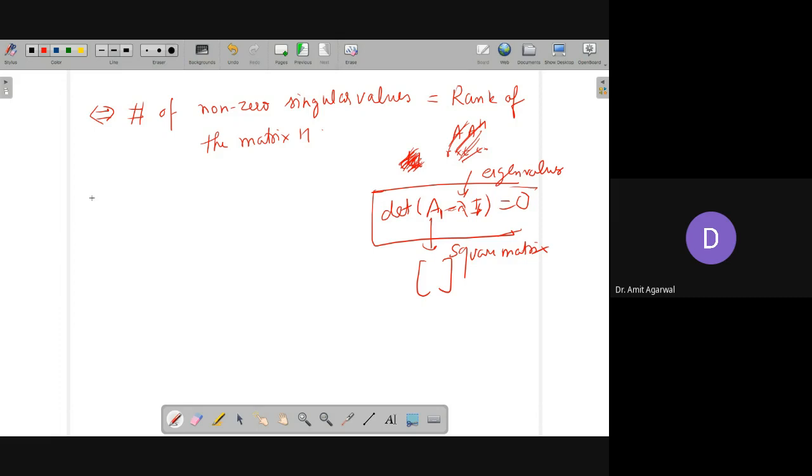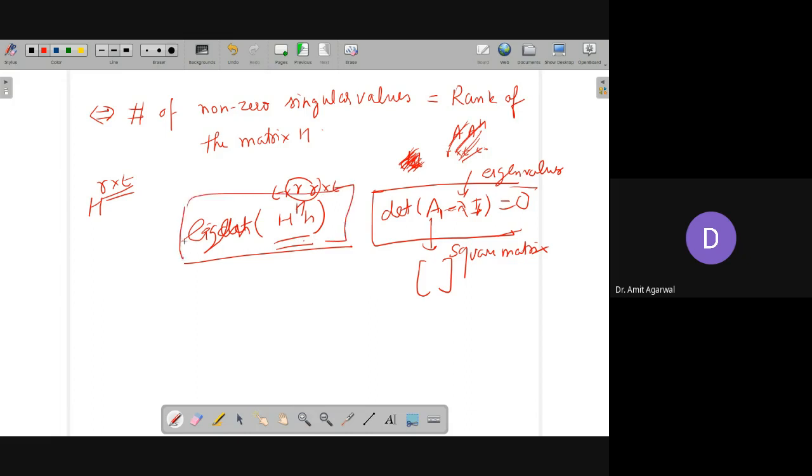But since we have shown that H is R cross T, in that case, what happens? We take eigenvalues of this matrix. This is a square matrix, right? T cross R cross T, it's a square matrix. So eigenvalues of this matrix are nothing but singular values of this. So this you have to see first.